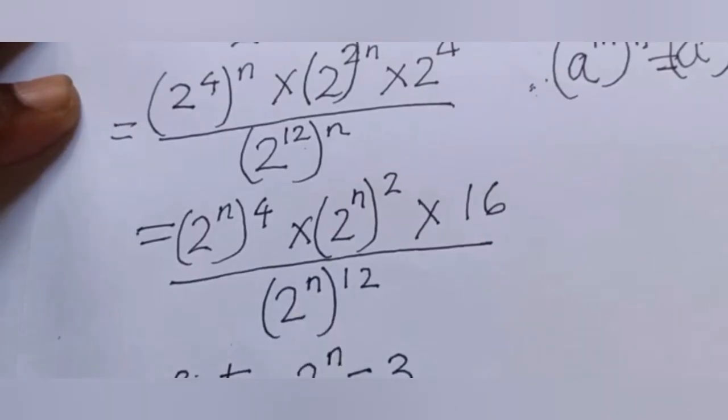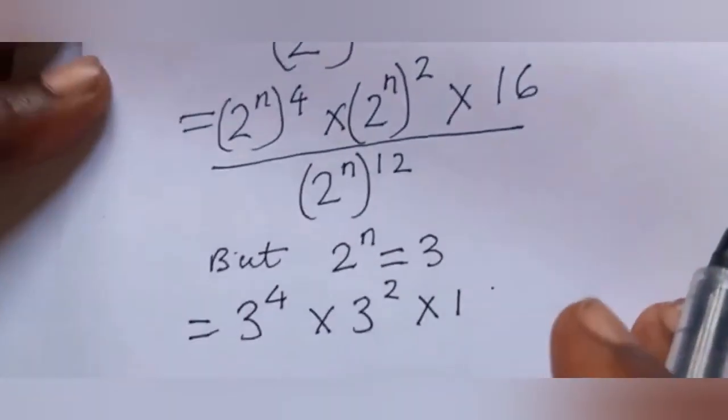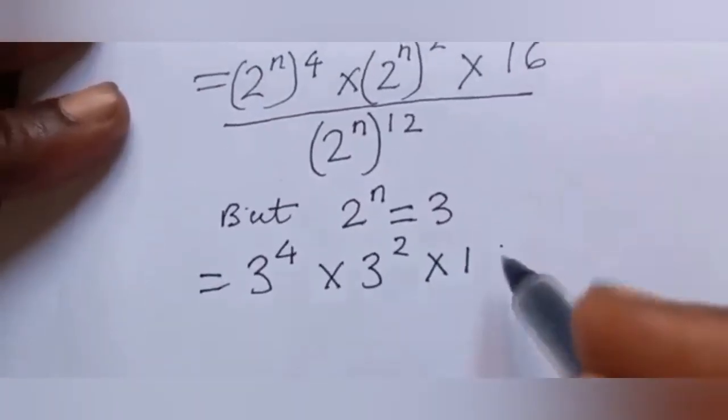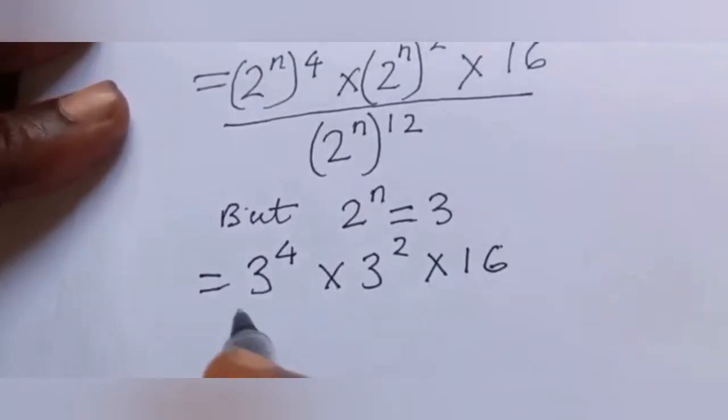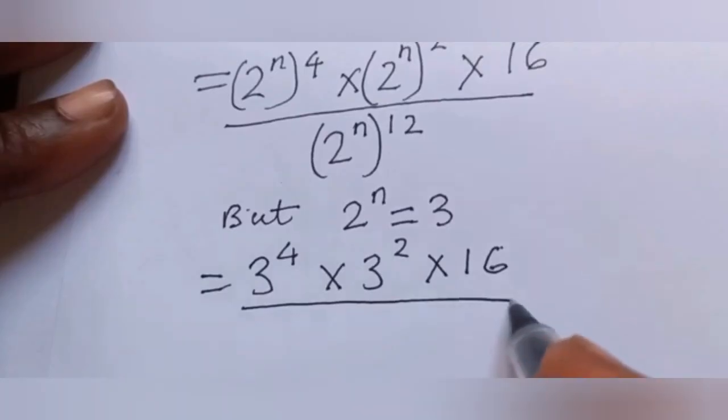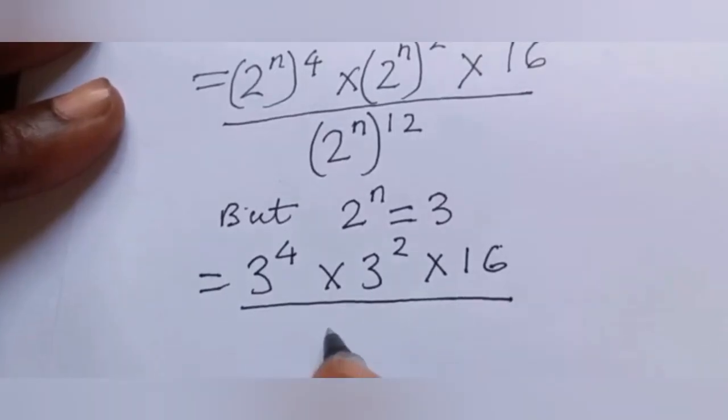So we have 3 power 4 times 3 power 2 times, sorry, times 16 over 3 power 12.